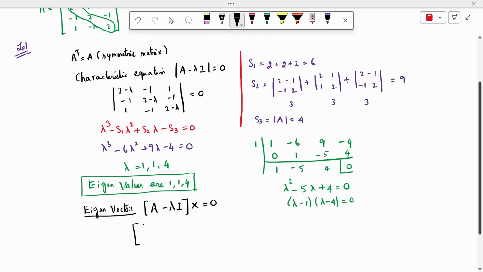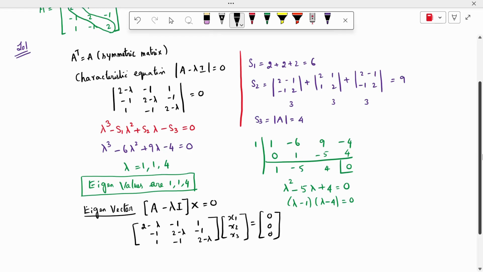So it is the matrix 2 minus lambda, minus 1, 1; minus 1, 2 minus lambda, minus 1; 1, minus 1, 2 minus lambda, into x1, x2, x3 equal to 0, 0, 0.